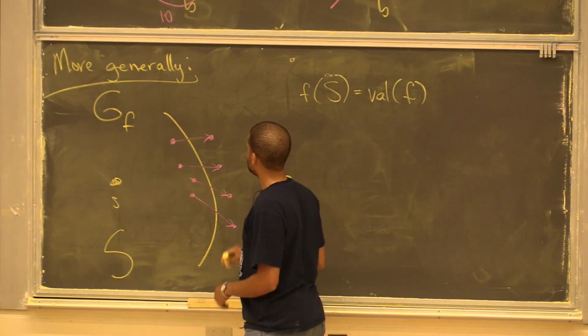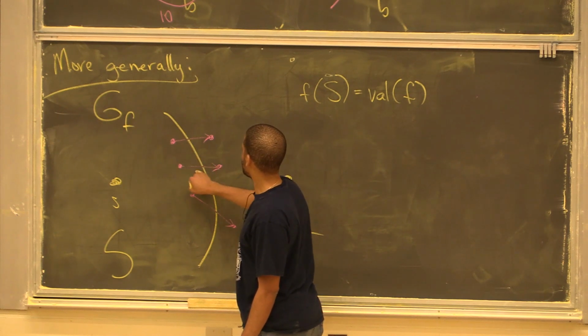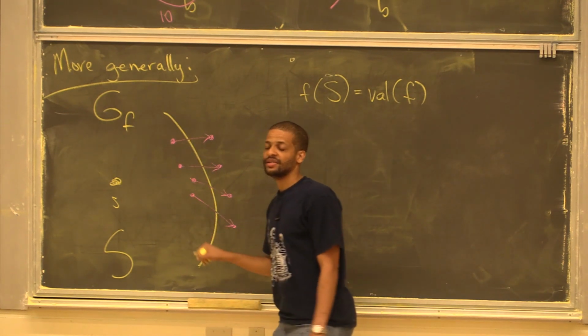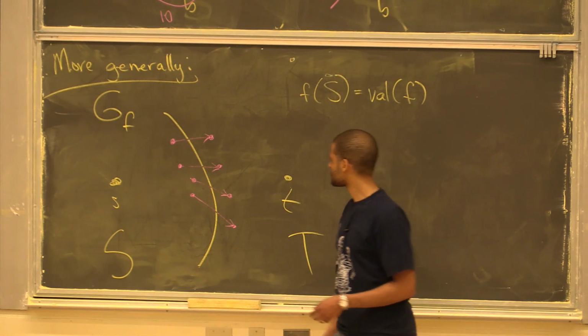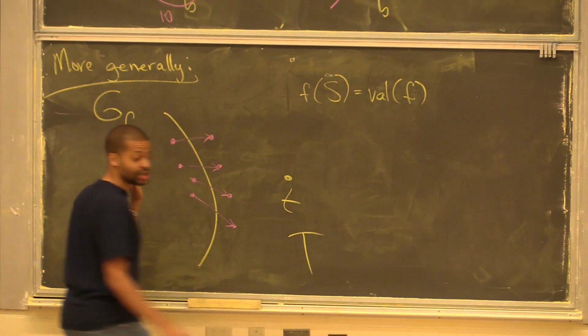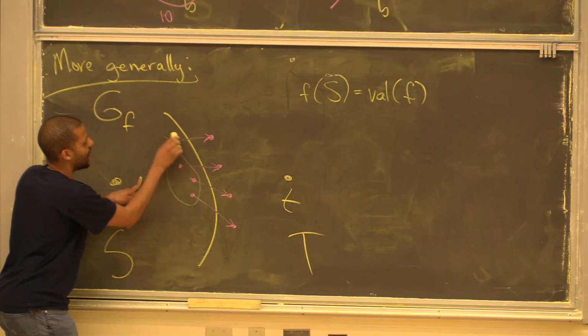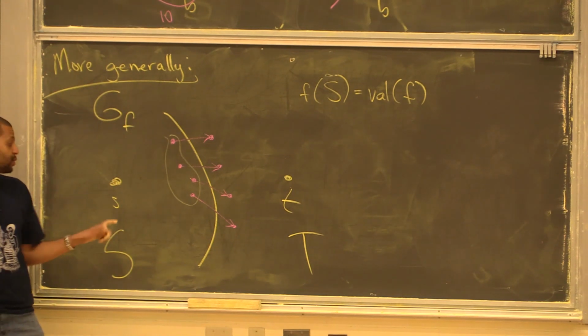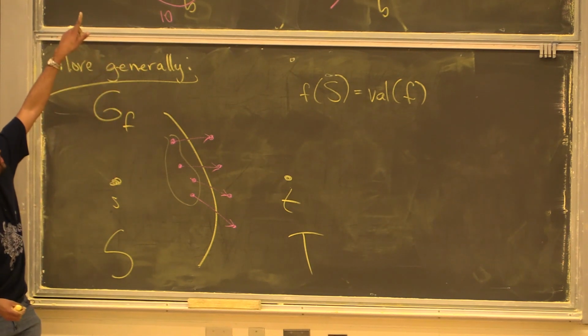Now, all of these pink edges must be fully saturated. Why? By definition of capital S, all of these vertices on the S side, at the base of the edge, are reachable by little s. That's the definition of capital S, it's all the things that are reachable.